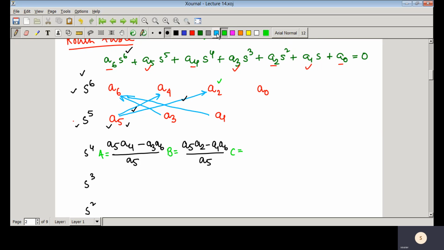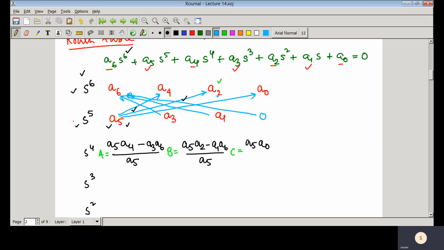So the third term, in this particular column, is multiplied with this one. That means we have a5 into a0, then multiplied with this one. You can see here that this value is 0.